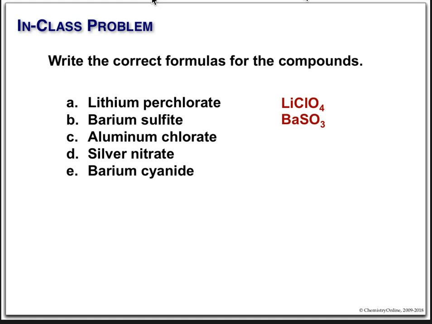Well, aluminum is the easy part. Every one of these guys is a -1. And so we need 3 of them. We take the whole unit, put it in parentheses, if we need more than 1 of them. 3 chlorates with a -1 each.